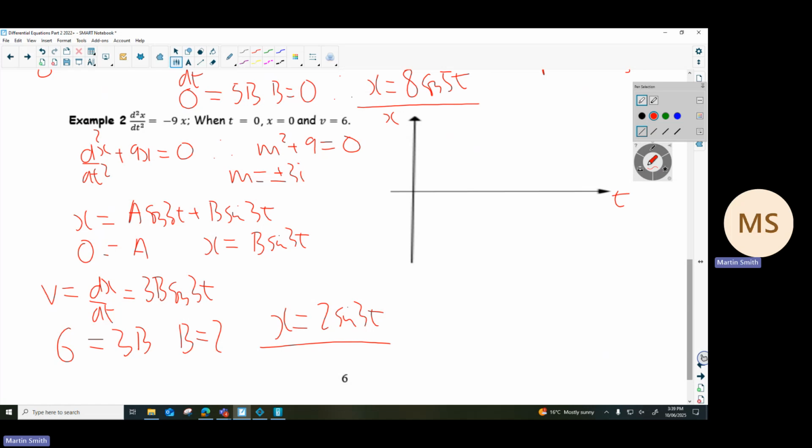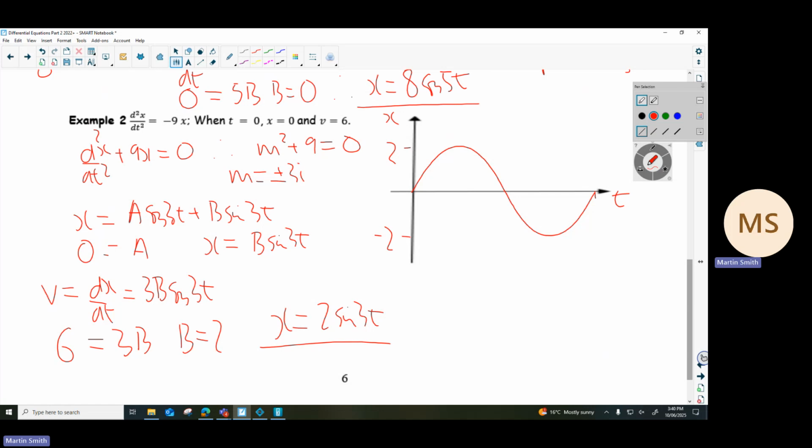Again, we can sketch a graph of x against t. So this time, this is the sine function, which goes through the origin. It's been stretched by 2 in the y direction, which is actually the x direction, and a third in the t direction. So this is going to look like that. There's the sine graph. That is going to be 2. That is going to be minus 2.